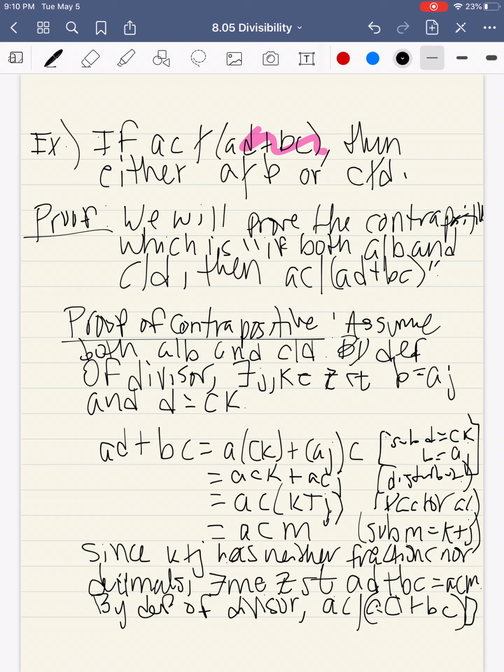So we just need a final statement saying, having proven the contrapositive, we may conclude the original statement. So I'm going to move this on my next page. Just the final conclusion.